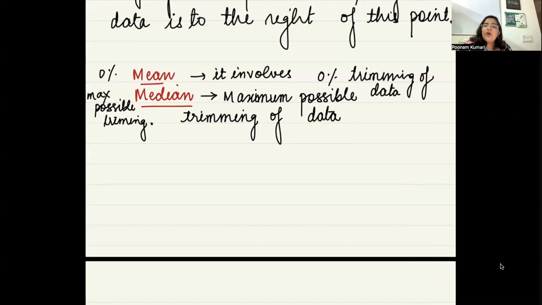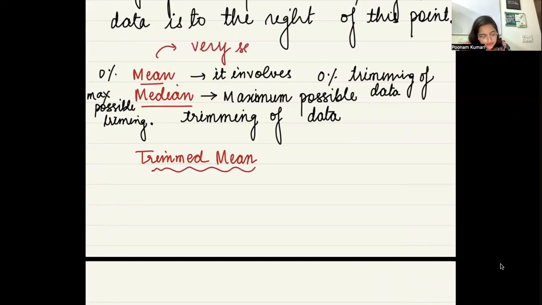So we have another concept which is called trimmed mean, which is some sort of a middle ground between these two, because mean is very sensitive to outliers. Median is very insensitive to outliers.